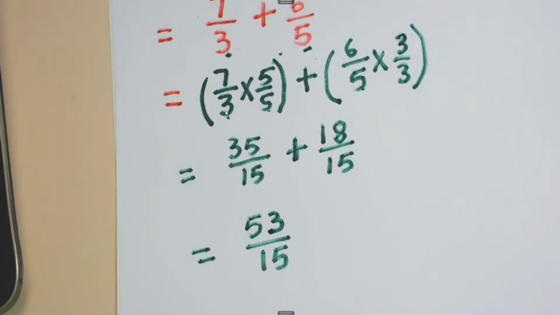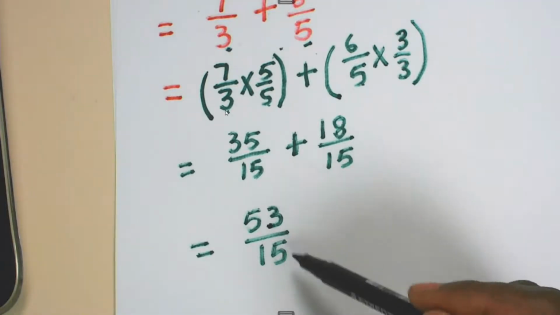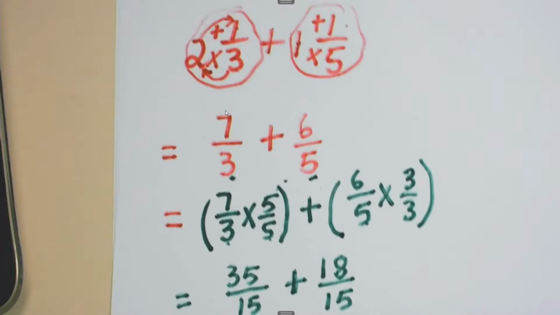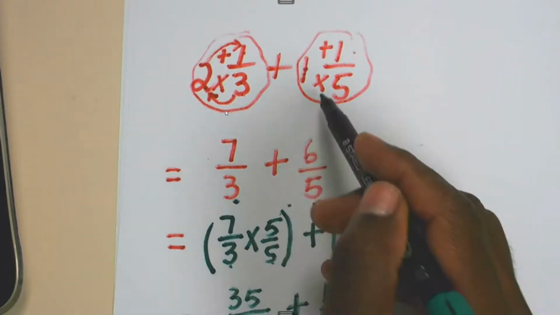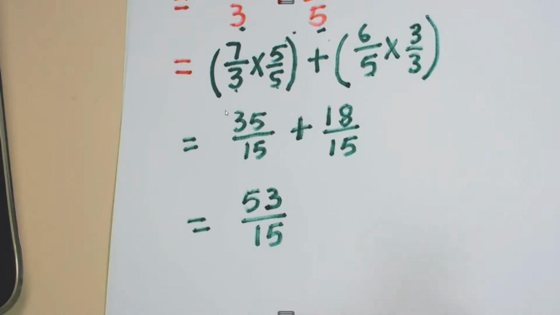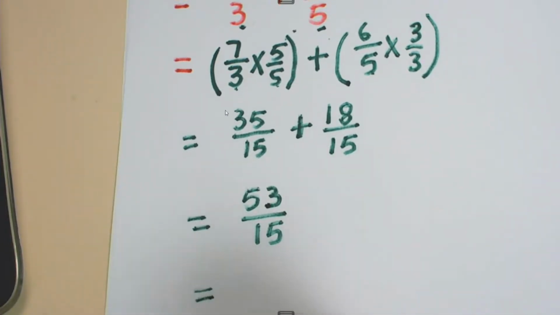Right, there we are. But remember, guys, our answer is now in the form of an improper fraction. But the question was given to us as a mixed number. So in other words, what do we need to do? We need to work it out and return it to a mixed number.